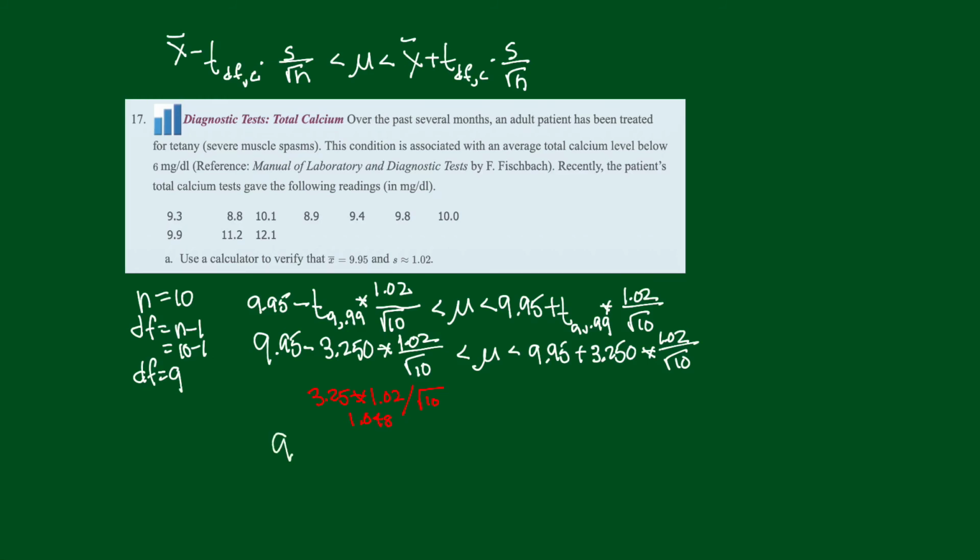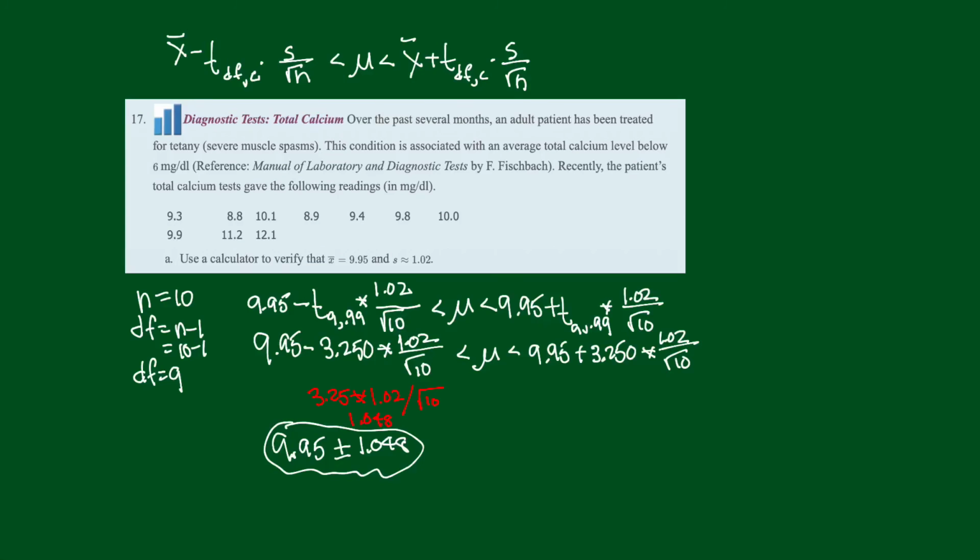So now I can write this like this. I've got 9.95, and then I'm going to subtract this value and add it. So why don't we just write it like this? Plus or minus 1.048. Oftentimes you'll see an interval written like this. You know that that's the sample mean right there, plus or minus, there's your error.